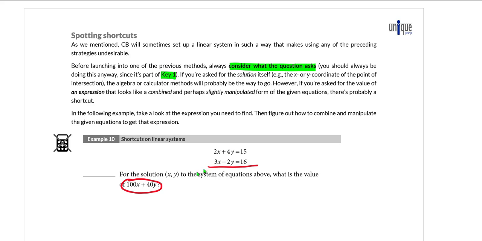Here's what I mean. They give us a system, and they are asking us for 100x plus 40y. Well, if we add these two equations, we get 5x plus 2y. That's 2x plus 3x is 5x, 4y plus negative 2y is positive 2y, 15 plus 16 is 31.